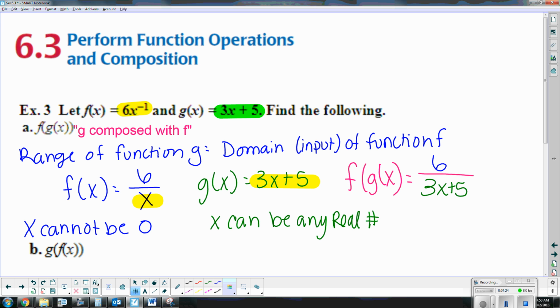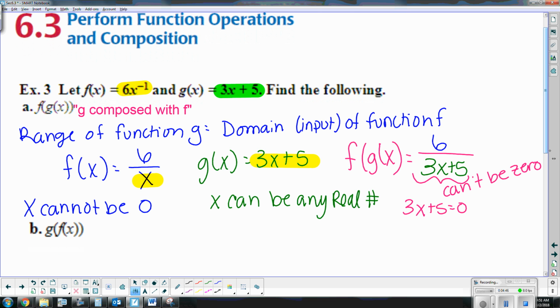So now looking at f of g of x, the domain, this cannot be 0. So therefore, the restriction that we have is 3x plus 5 equals 0. This is our one exclusion within the set of real numbers.